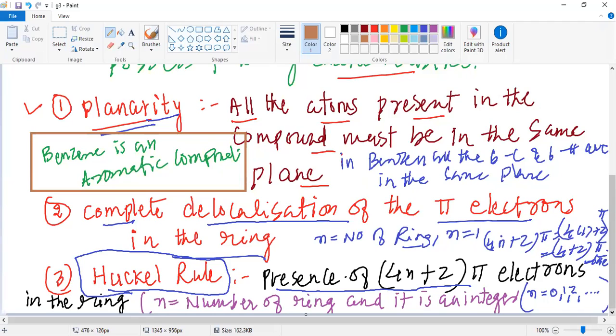Okay, my dear students. So if you do not have any question, we can move forward and understand about some of the benzenoid aromatic compounds.